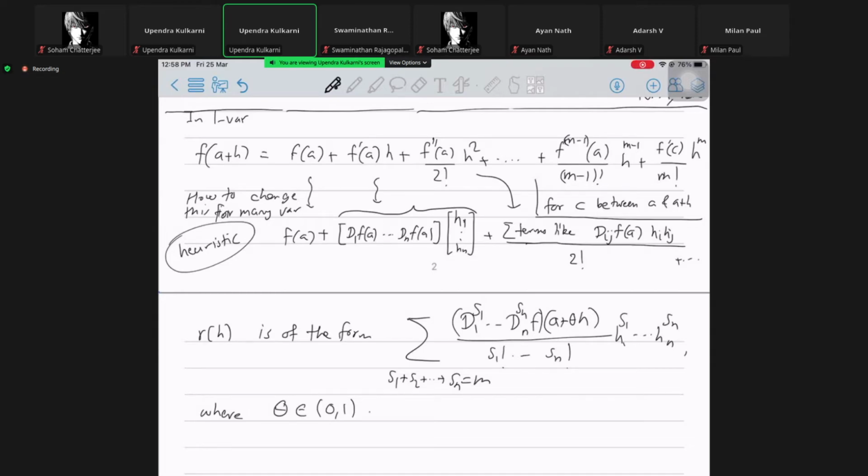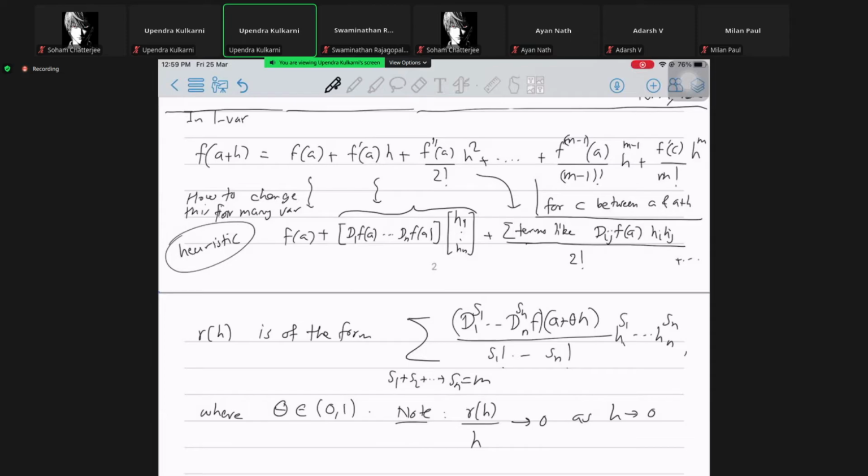So in particular, note that R_H by H, as H goes to 0, what is the order, how good is this approximation?